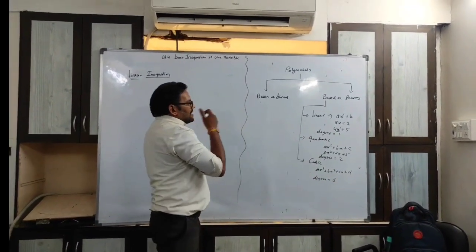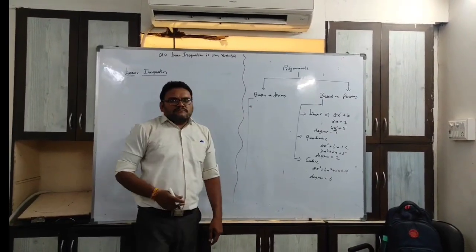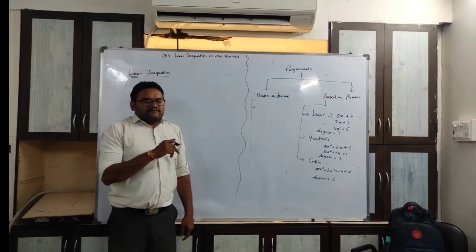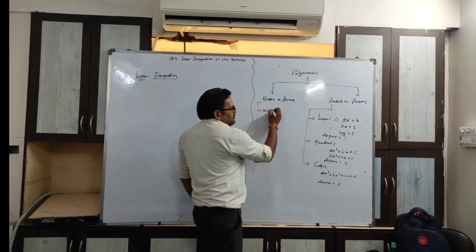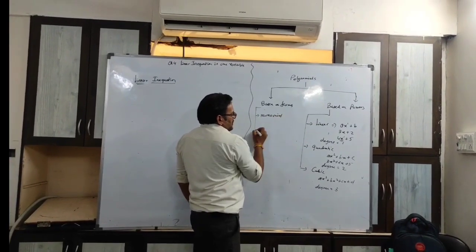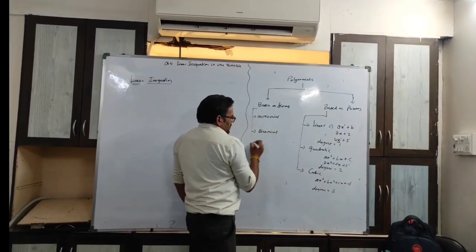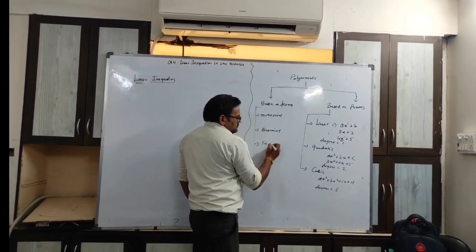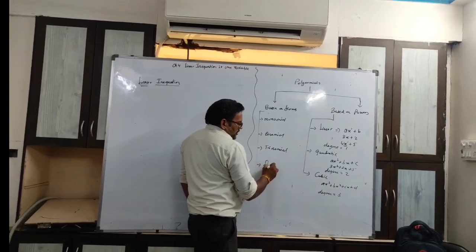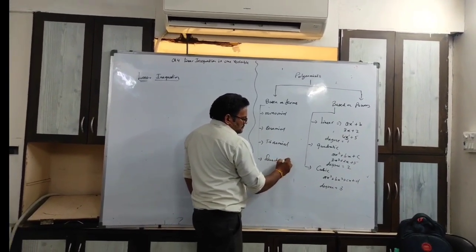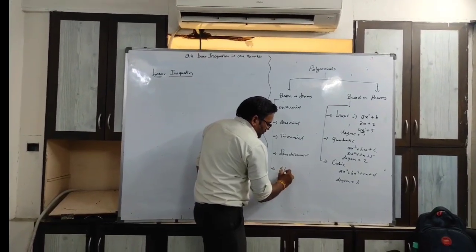Now when we are looking at classification based on terms, we have all studied this previously, but let us explain once again. Based on terms, first we say monomial. Second is binomial, trinomial, quadrinomial, and then we have polynomial.